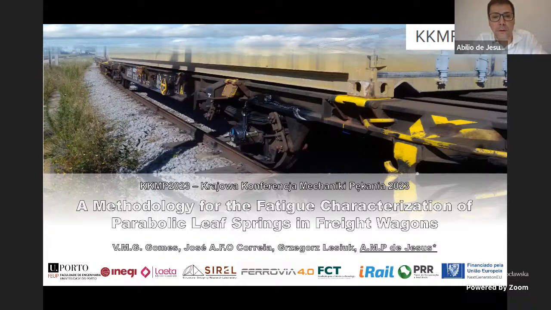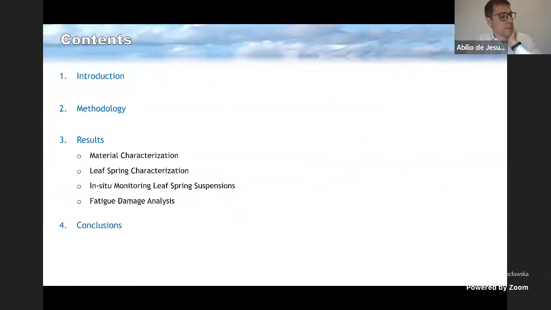freight or goods transportation. So this is a project about the methodology for the fatigue characterization of suspensions of freight wagons. The talk will be about, first an introduction, a brief one, then I will go directly to the methodology, and after I will present some results in different perspectives of the project, and finally some conclusions.